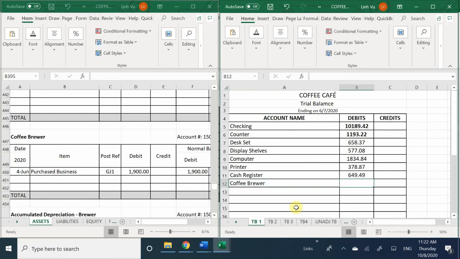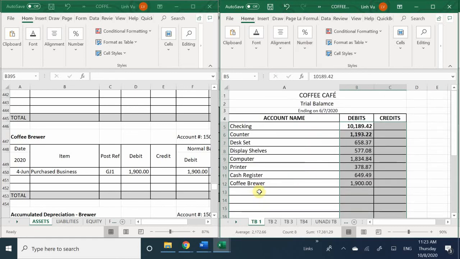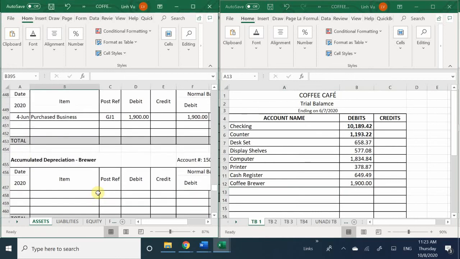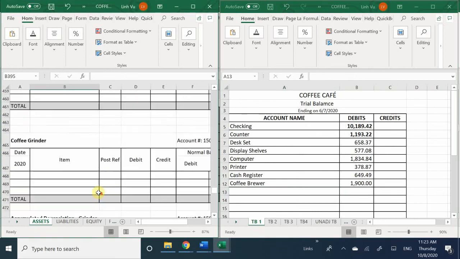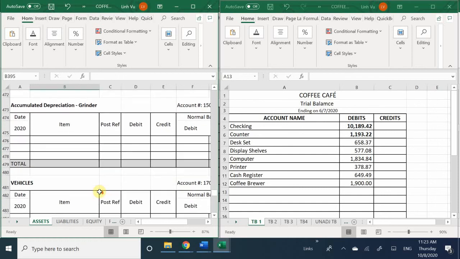Okay, for how much? 1,900. Okay, so I'm going to change this to dollar and comma style. Yes, we got it for 1,900. Good. Did we have a coffee grinder? Not yet. We didn't receive it yet.